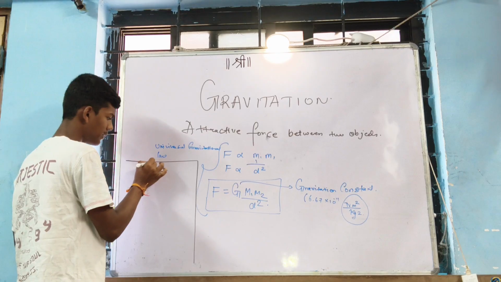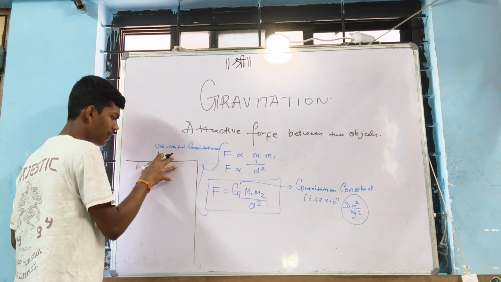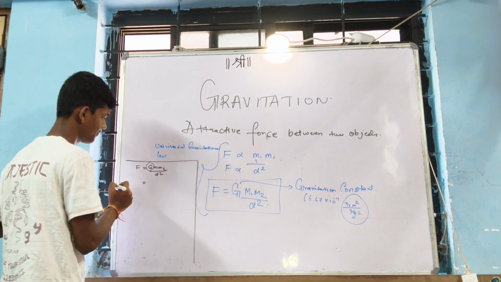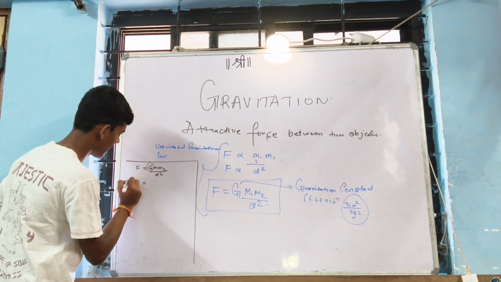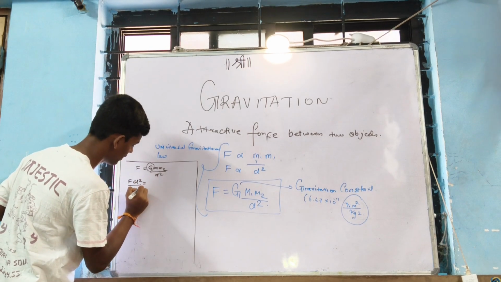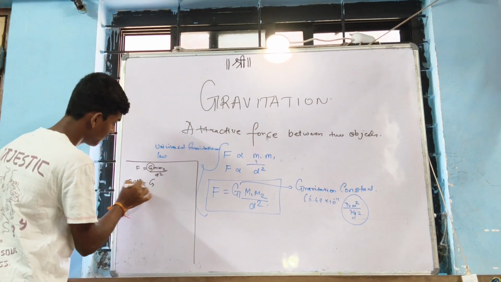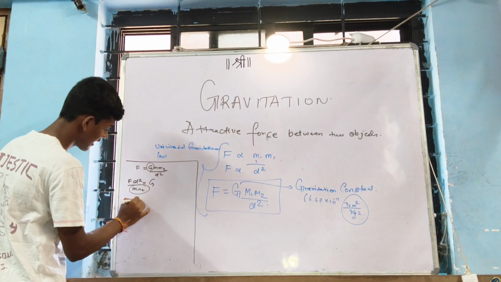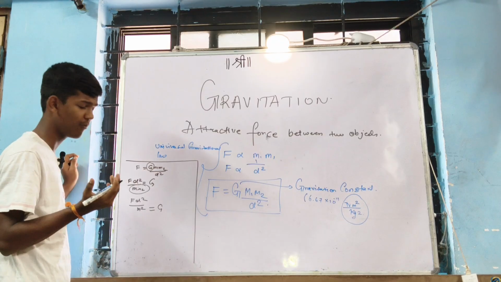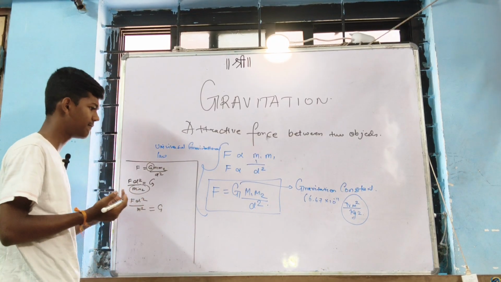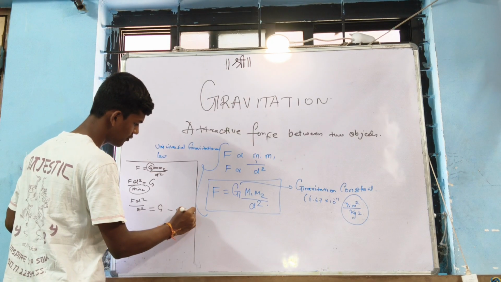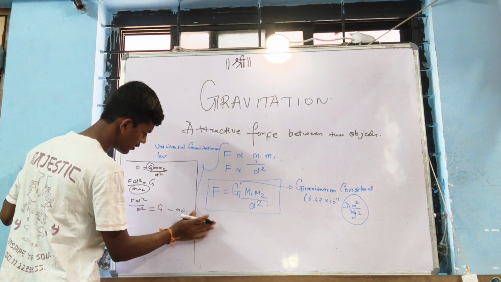If we keep G aside and shift the denominator and numerator to the LHS, it will be F d square upon m1 m2, which we can write as F d square upon m square, because both are mass and the mass is uniform.